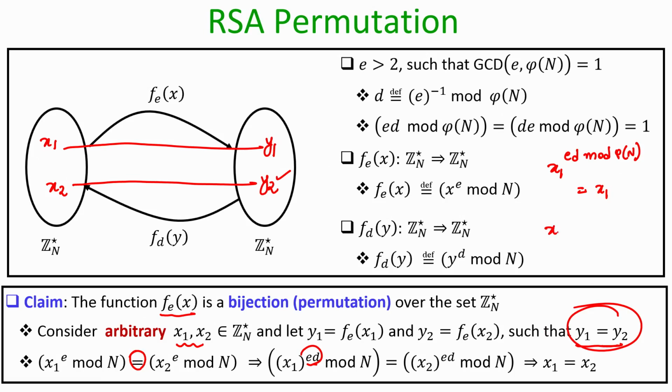In the same way, x 2 to the power e d modulo n is the same, since in the exponent I reduce e d modulo phi of n, which is 1. So, this is the same as x 2. So, I come to the conclusion that x 1 is equal to x 2. And since we have shown that the function f sub e is invertible, that establishes the fact that this function f sub e is a bijection.